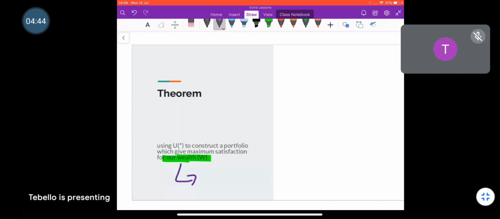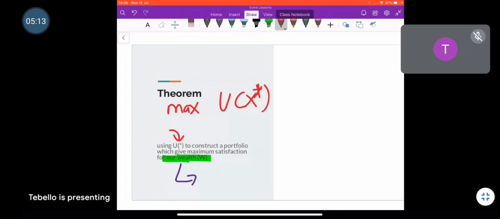You are trying to maximize your satisfaction, so you are trying to maximize your utility function in terms of payout, right?